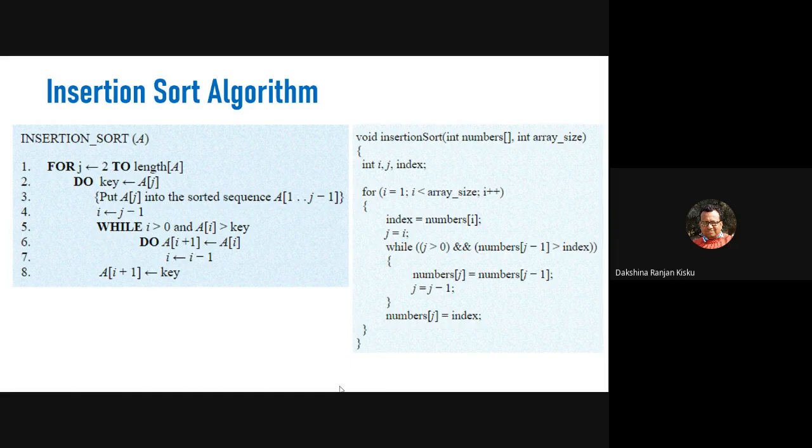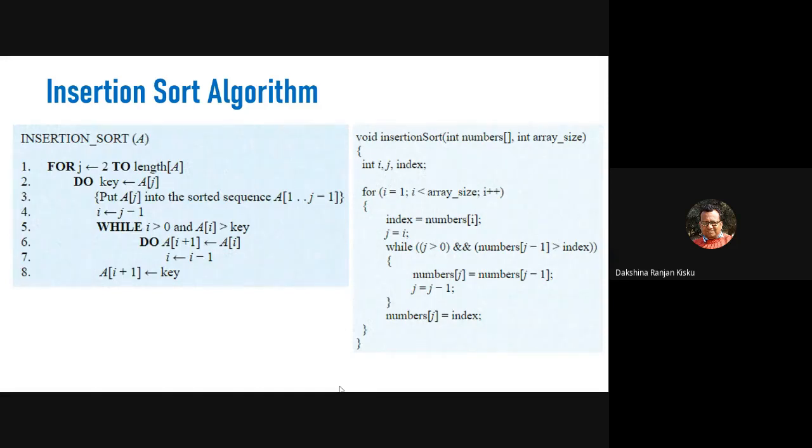The while loop will be executed with the checking where I is found to be greater than 0 or not, and AI is found to be greater than key or not. Here key is the AJ and I is J minus 1. If both these conditions are found to be true, then only we can swap the elements.